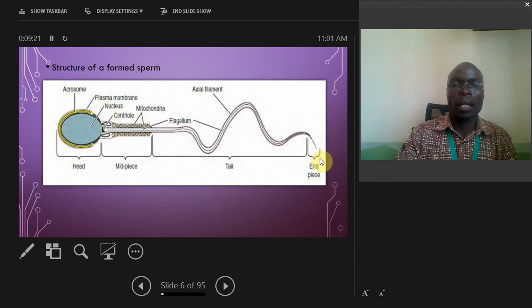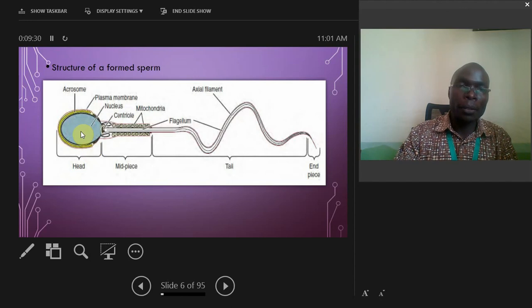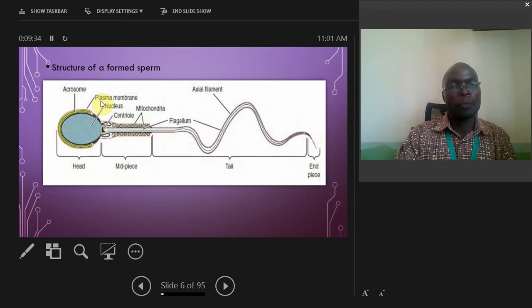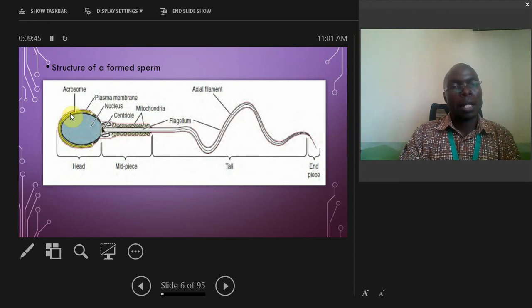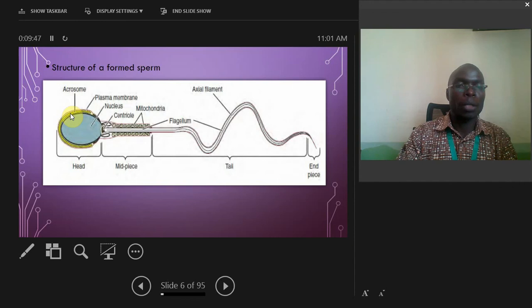We also have an end piece at the end of the tail. Within the head region, we have a prominent nucleus, which is enclosed by a plasma membrane, and on one side we have an acrosome, which is basically a structure that contains enzymes whose role we'll be discussing much later.